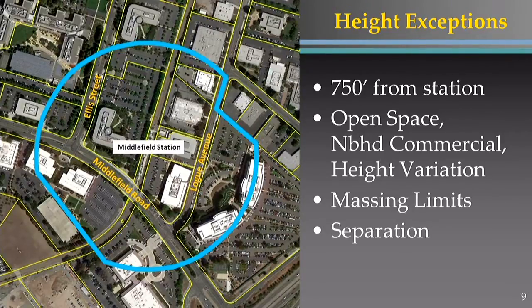It's associated with an incentive for additional open space, height variation, and neighborhood commercial. You could only get these height exemptions if you provided all three. And it's also associated with limits on massing and requirements for separations between buildings of that height.